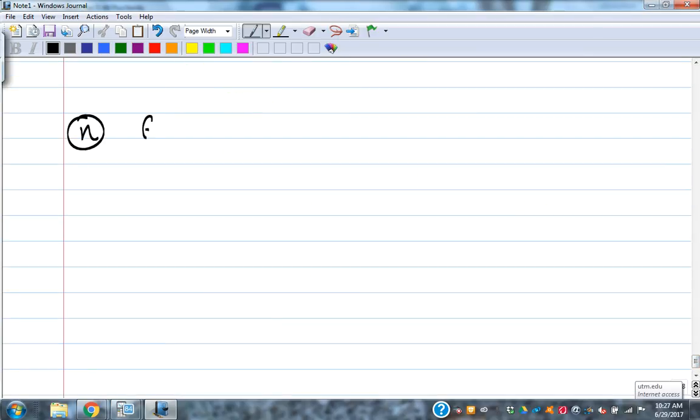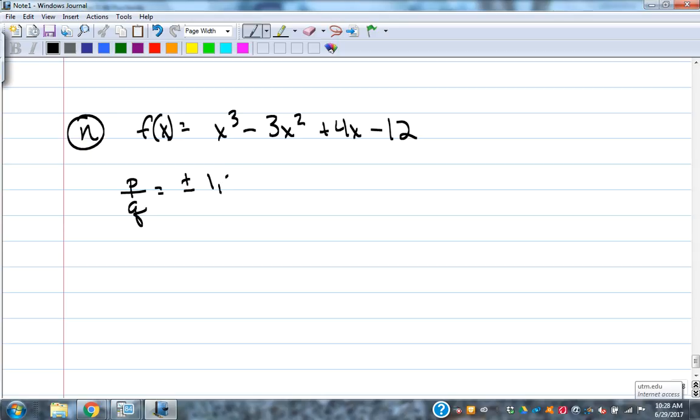All right, here's our function. F of x is equal to x to the 3rd power minus 3x squared plus 4x minus 12. We're going to find all the zeros for this polynomial. A little bit longer list on this one.